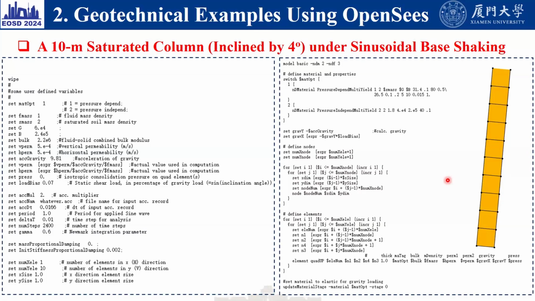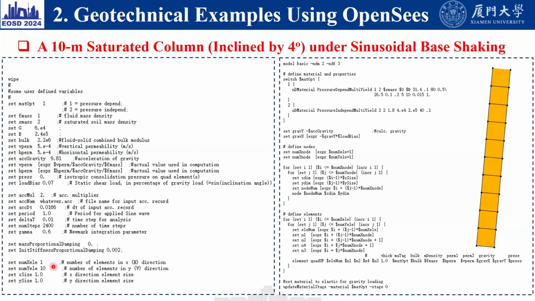In this model, you have to define the parameters, for example shear modulus and bulk modulus. You have to specify the permeability here and the vertical permeability.